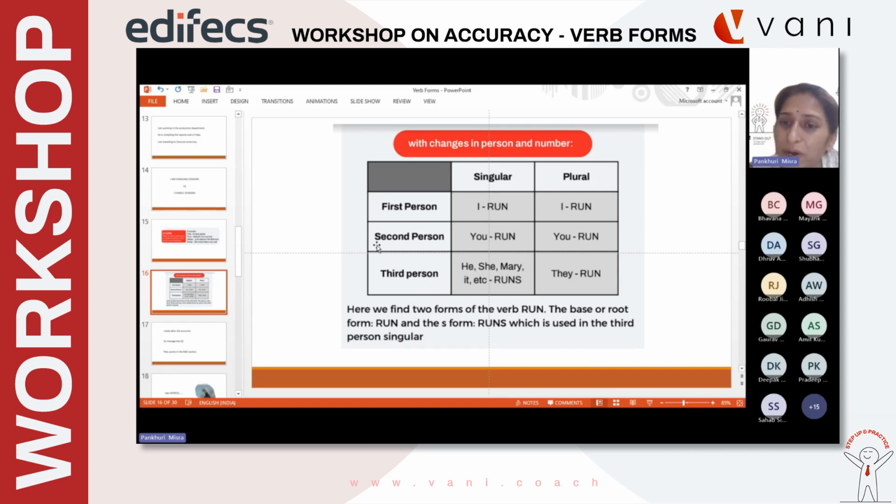But the moment we talk about more than one person in the third person, then again it becomes they and no S. They talk very well. Am I able to make myself clear? Only in case of third person, while we are referring to one single person or a thing, then we use an S. Otherwise, under no other circumstance do we use an S with the verb.